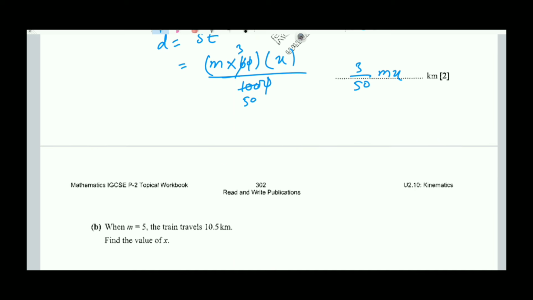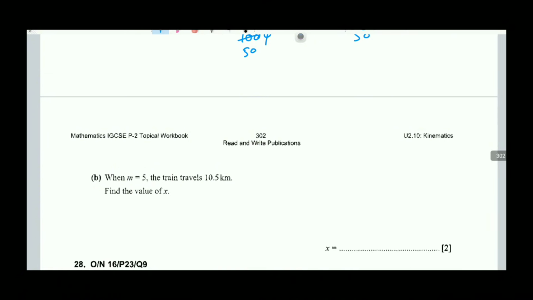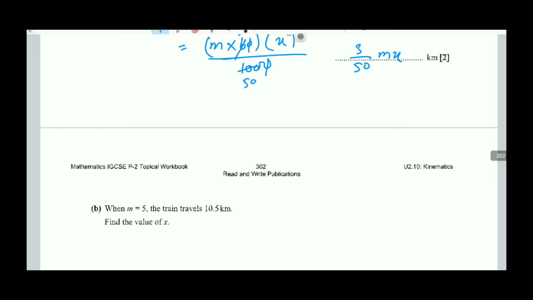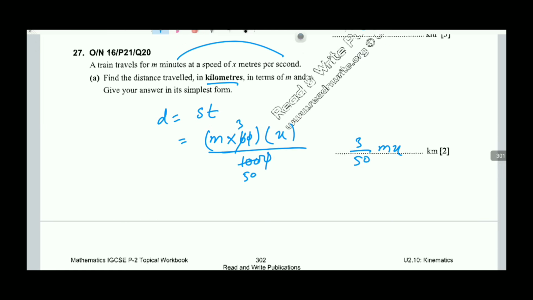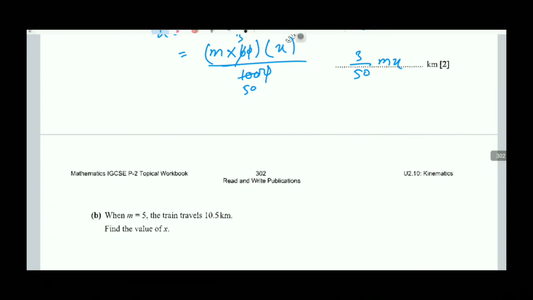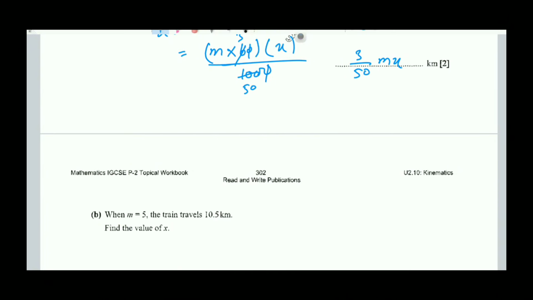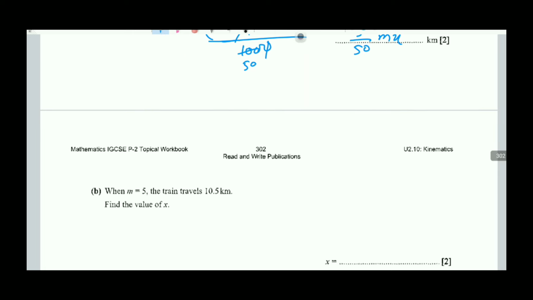Next question, when m is equal to 5, the train travels 10.5 kilometers. Find the value of x. Distance is equal to speed into time.